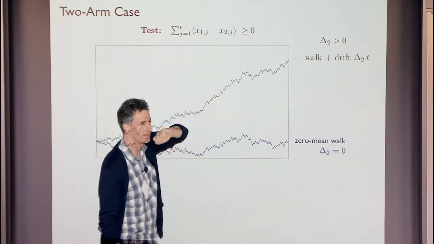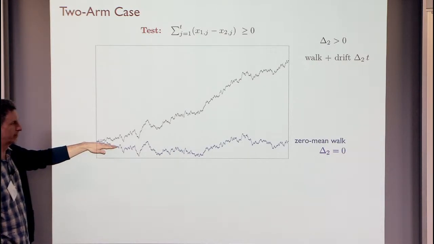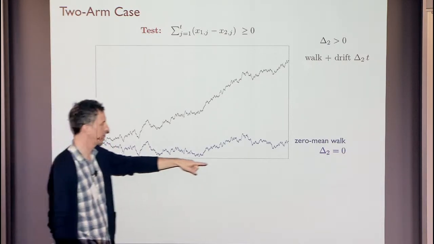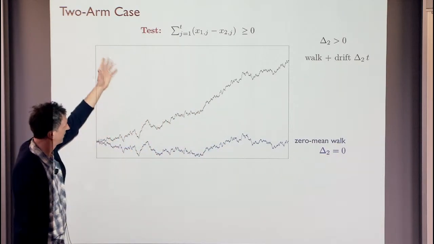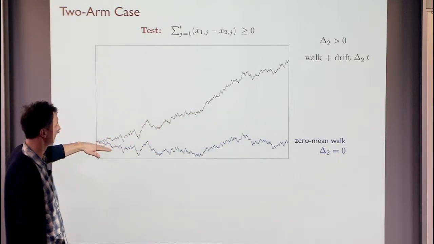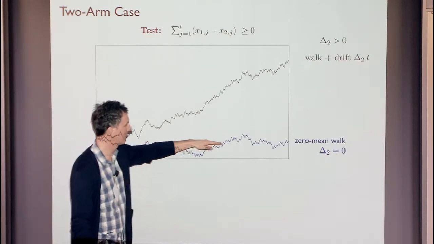And if that's greater than 0, then you decide 1. And if it's not, you decide 2. And so if the two means were actually equal, so the gap would be 0, and think about this as Gaussian variables, then you would just have some zero mean random walk like this.